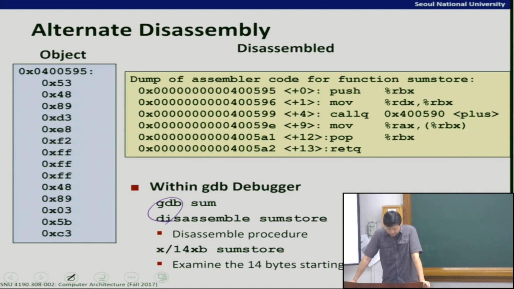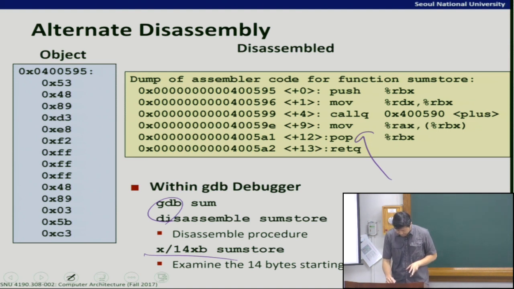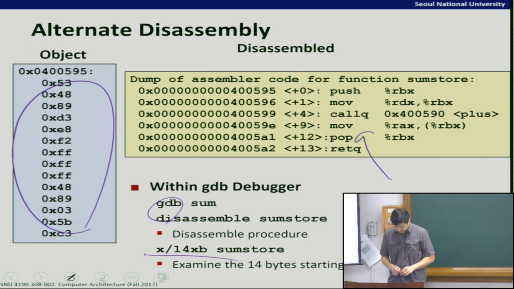Once you use GDB, you can execute something like disassemble sumstore, and this shows the assembly code of your function sumstore. Another example GDB command examines 14 bytes starting at sumstore, and shows these values. You'll learn more about GDB after you come back from Chuseok vacation. Hopefully you familiarize yourself with this tool because it's really useful for program debugging and so on.